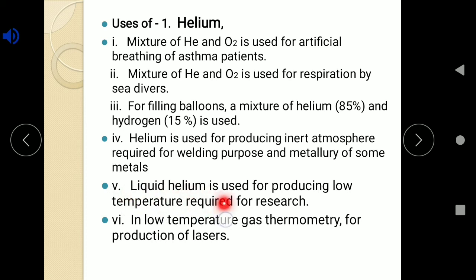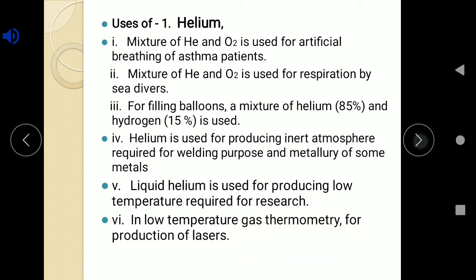Liquid helium is also used for producing the low temperature required in research. For research purposes, when a low temperature atmosphere is needed, liquid helium is used. Again, it is used for production of lasers and in gas thermometry.